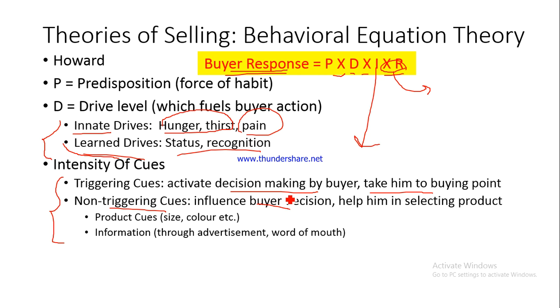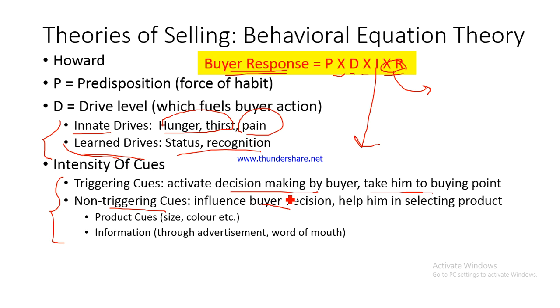So here, this packaging is a non-triggering cue, because it has not made you buy the product. It has made you select a particular product out of a number of products available. The burger was there, the samosa was also there, and you picked up the samosa because it was nicely packaged. The branding and the display on the package was very nice, so you purchased it.